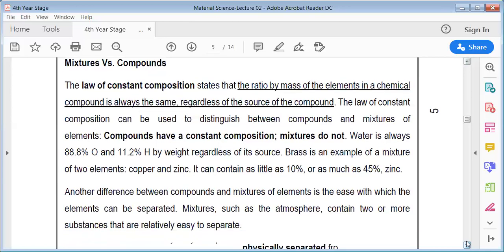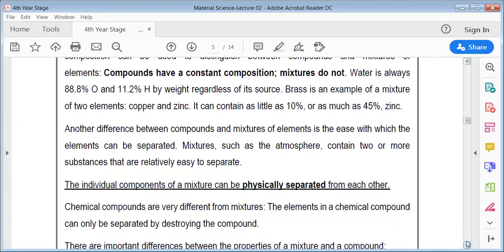Another difference between mixtures and compounds of elements is the ease with which the elements can be separated. Of course, to separate the elements of a compound, you need chemical methods in general. Mixtures such as the atmosphere, which is a mixture of nitrogen and oxygen and a very small percentage of other gases like carbon dioxide or water vapor, contain two or more substances that are relatively easy to separate.